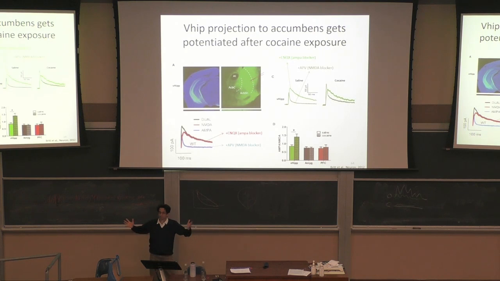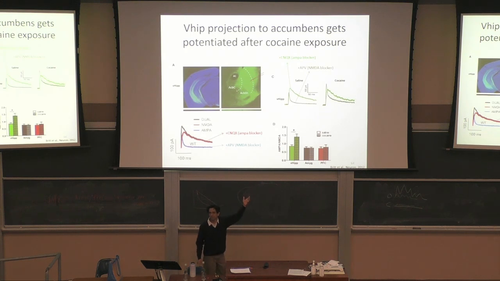So the way that's measured is by measuring the size of the response for the AMPA component, which is this blue component, divided by the size of the response for the NMDA component. So this is the AMPA and NMDA ratio.